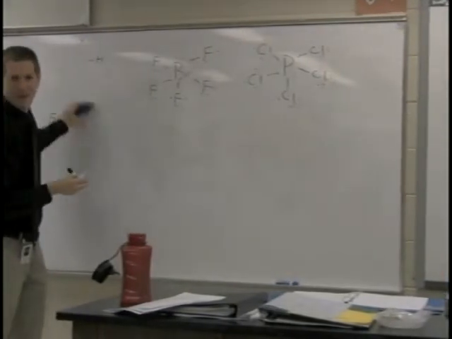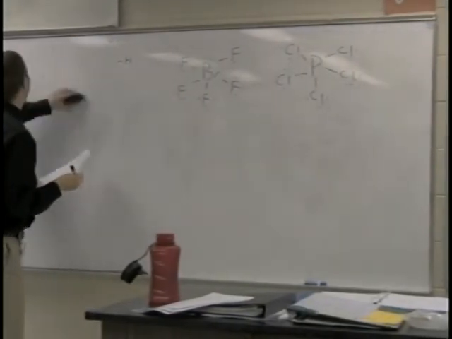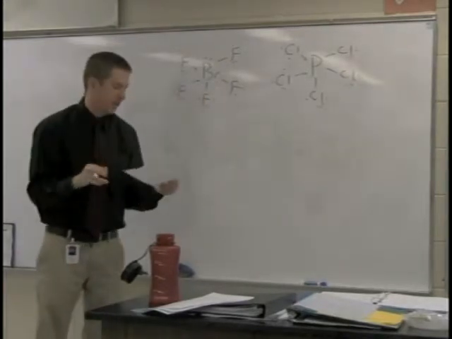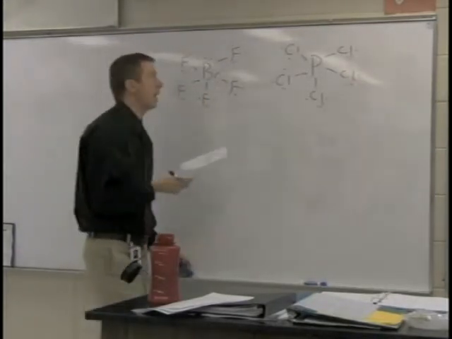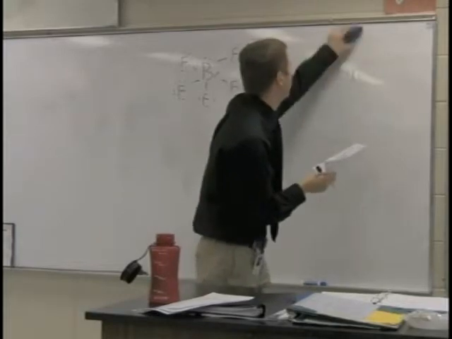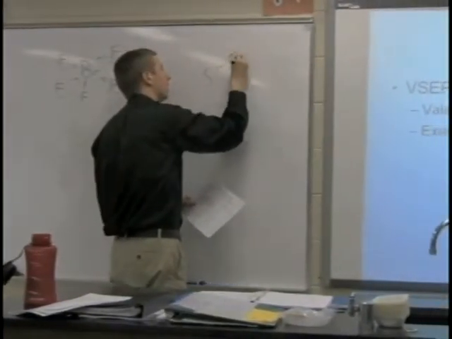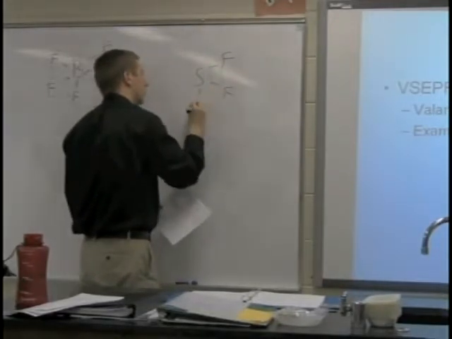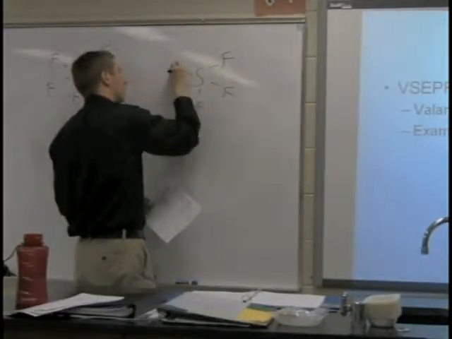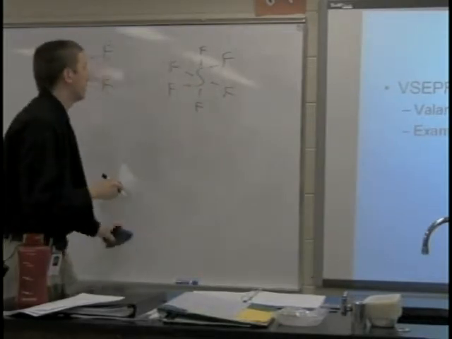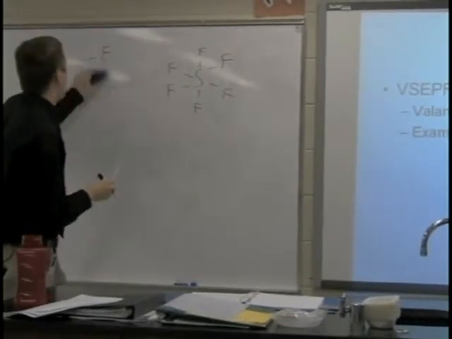So, again, 5 things with 2 electrons on it is going to be called square pyramidal. The very last version is going to be called octahedral. Octahedral is bonded to 6 things like sulfur hexafluoride. And I can fill my electrons around the sulfur then to show that it's bonded to 6 things, being octahedral.